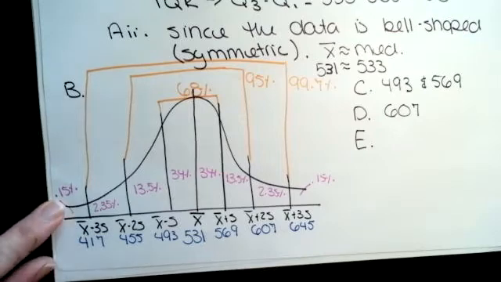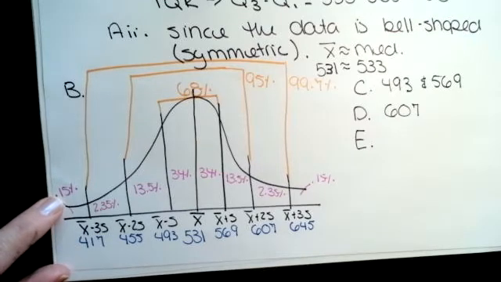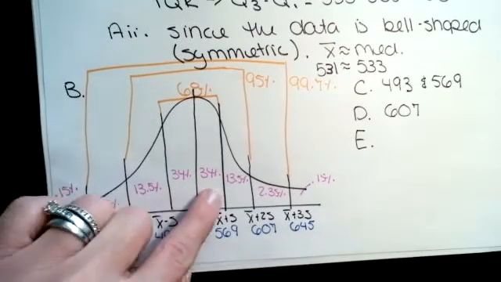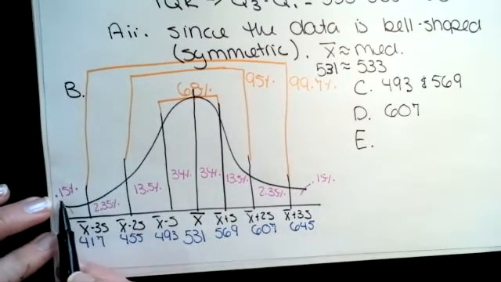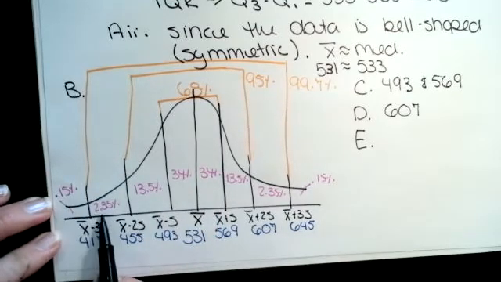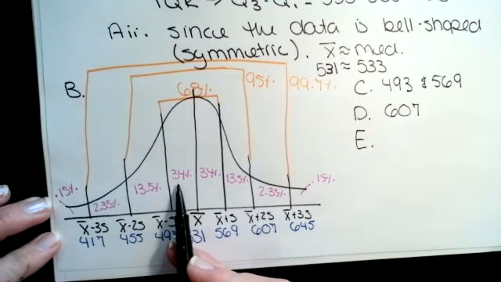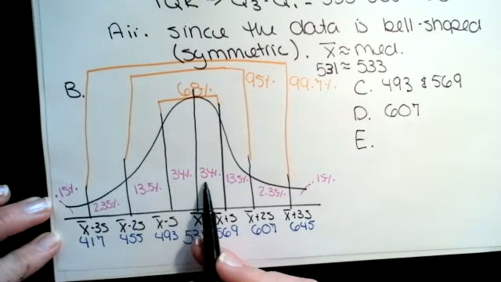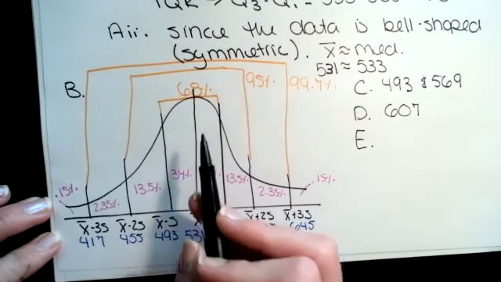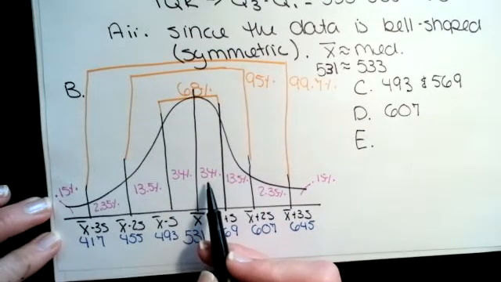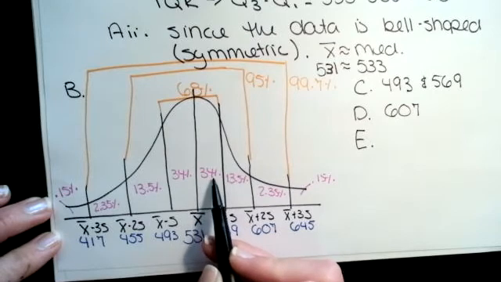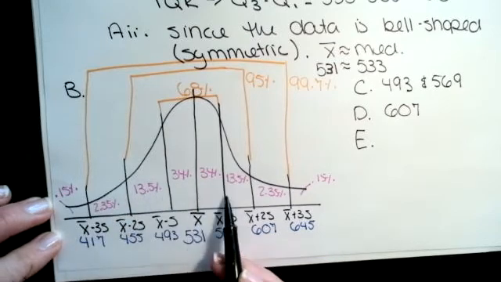So since I'm looking for the 84th percentile and I know 84% is going to be to the left, I'm going to start at the left and work my way to the right and add up. So 0.15 plus 2.35 plus 13.5 plus 34 plus another 34 gives me 68. Or I'm sorry, 84. I looked up and saw 68, gives me 84% to the left of this data value right here, 569.